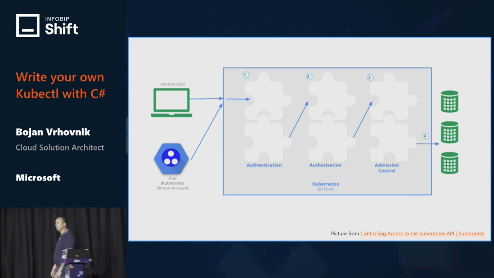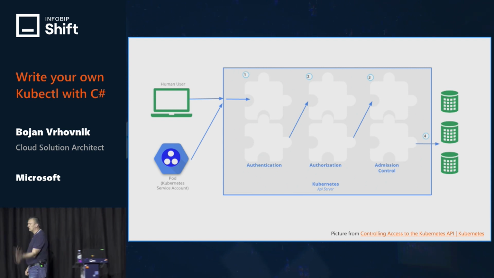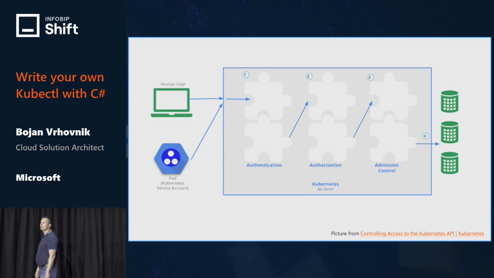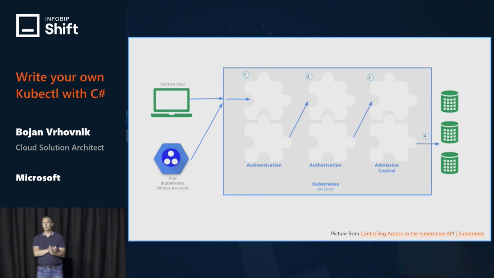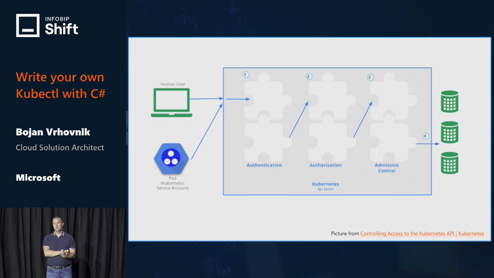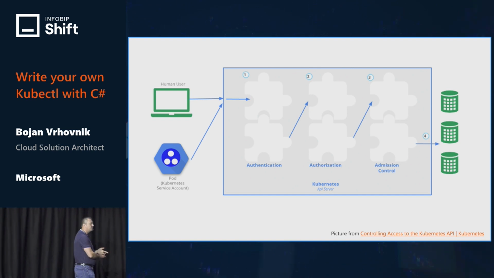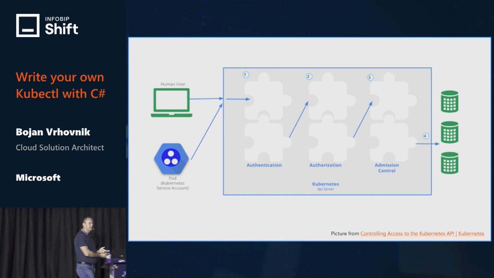Either you create a special file called a kubeconfig file, which contains 3 important pieces of information. The first is the cluster API URL, which is the easiest one. The second is the user that is connecting, and the third is which authentication method he uses.